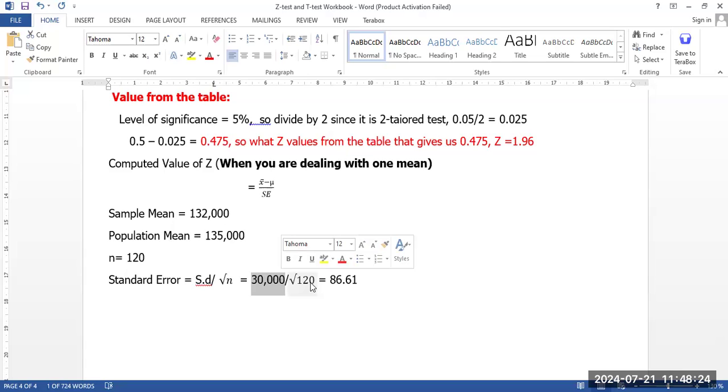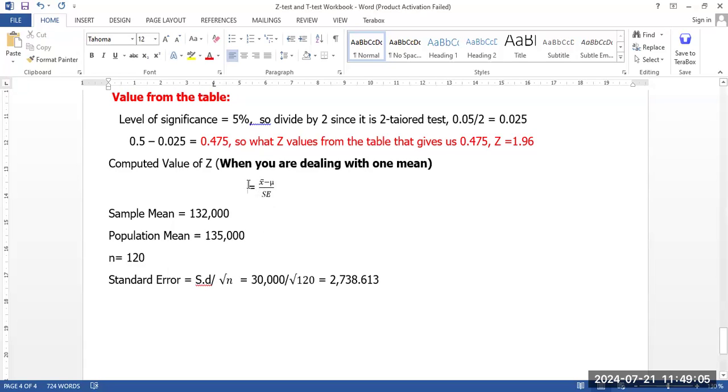2738.6 divided by 120. If you round off to 3 decimal points, then this is our standard error.